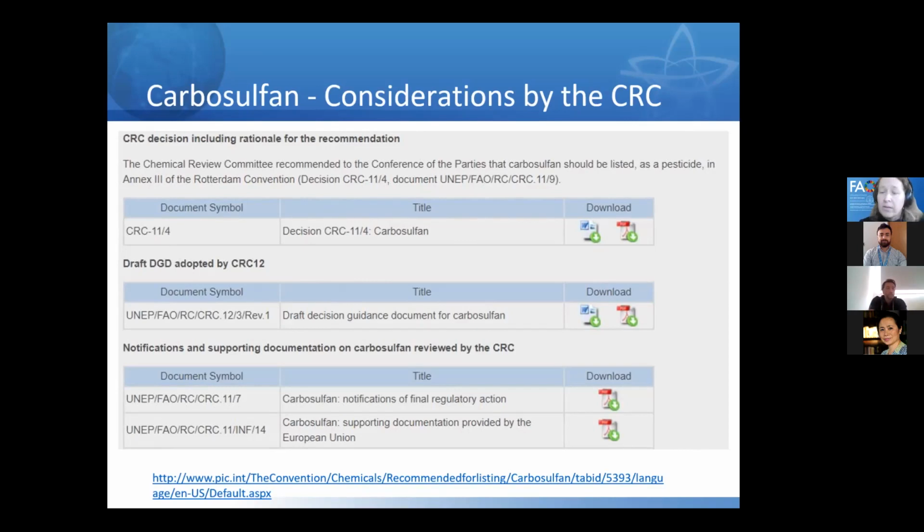And based on the notification submitted, what we just mentioned, and here again you have the decision of the Chemical Review Committee, the recommendation and the rationale which can be downloaded, and also the draft decision guidance document was finalized, which you have here. And these decision guidance documents are a product of the convention, which are also supposed to support parties to make informed decisions.